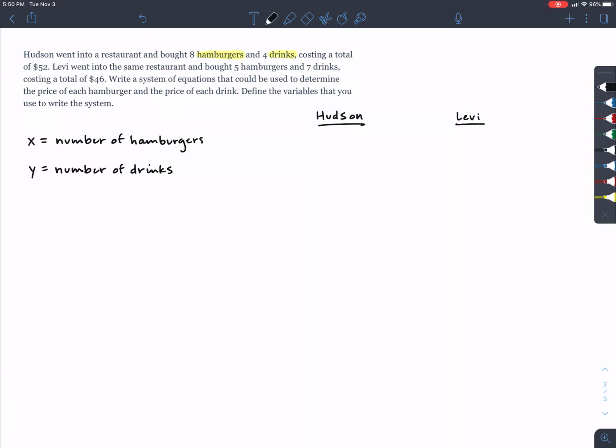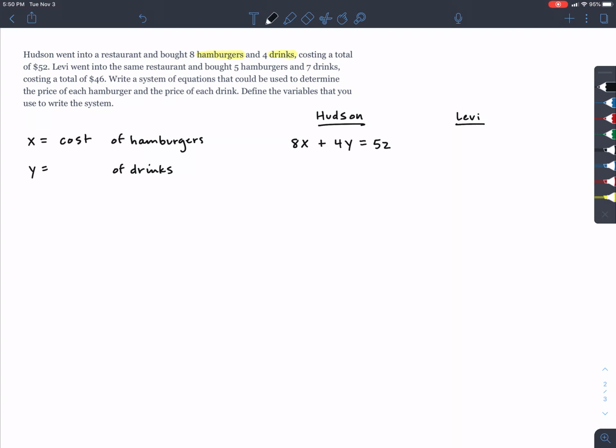So for Hudson, he bought 8 hamburgers and 4 drinks, costing a total of $52. So 8 hamburgers plus 4 drinks is equal to $52. And at this point, I realize that I've made a mistake, and I should say that this is not number of hamburgers, but this is the cost.